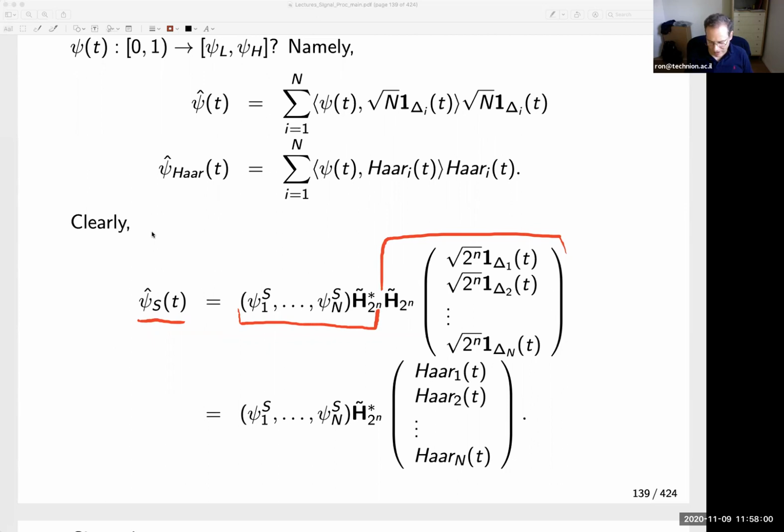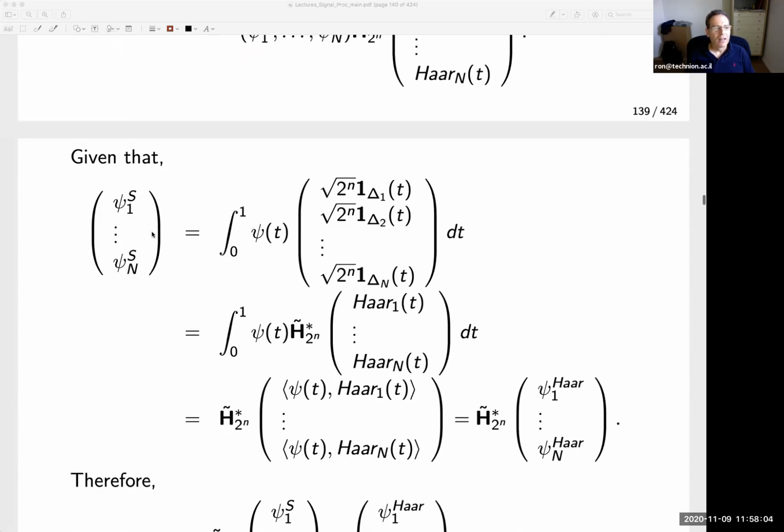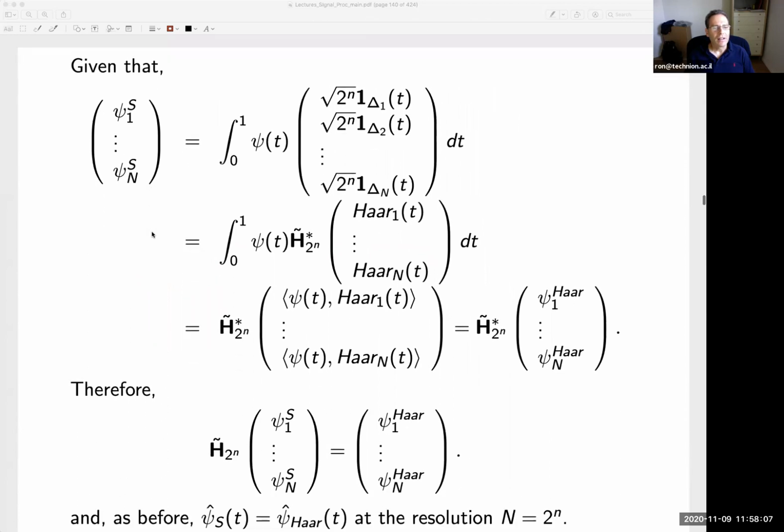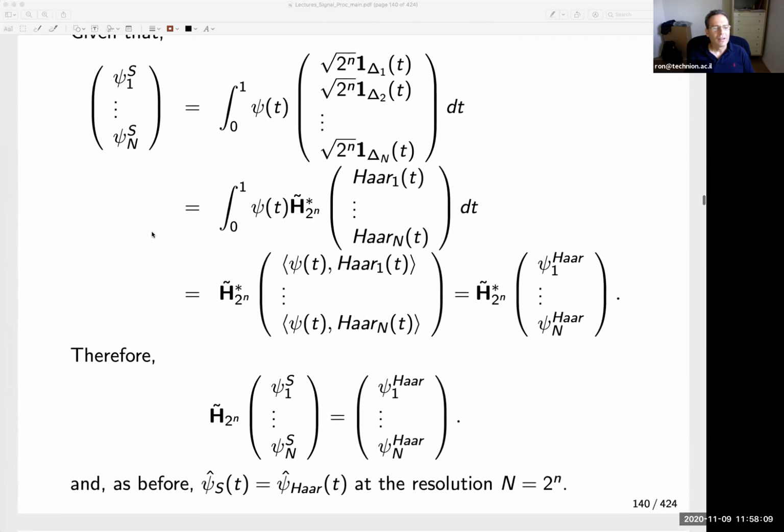They would just align, so there is not much to it. And at the top, what we have is the definition of the standard basis, and now we plug in the Haar functions, and at the end of the day, what we get is that the standard coefficients are equal to nothing but the Haar matrix that is multiplying the Haar coefficients. So we have this relation, which we have seen so many times before.